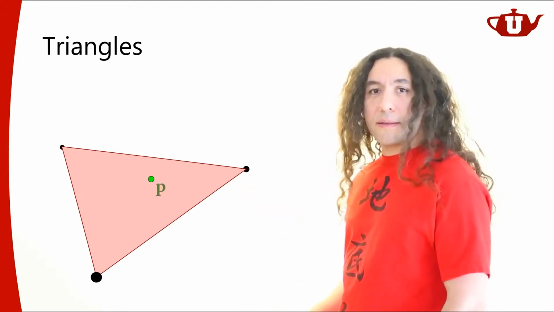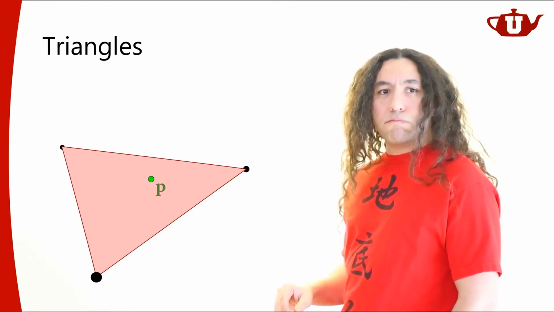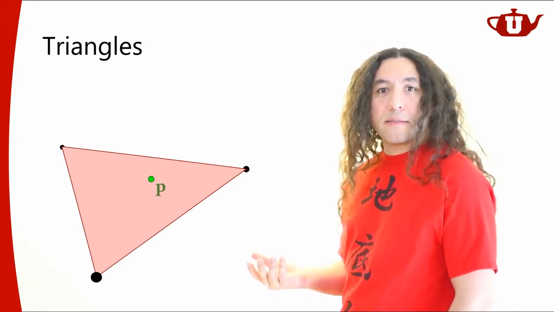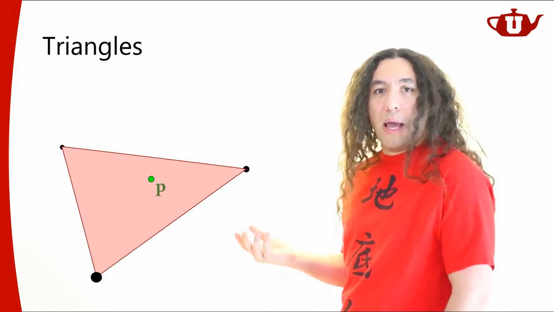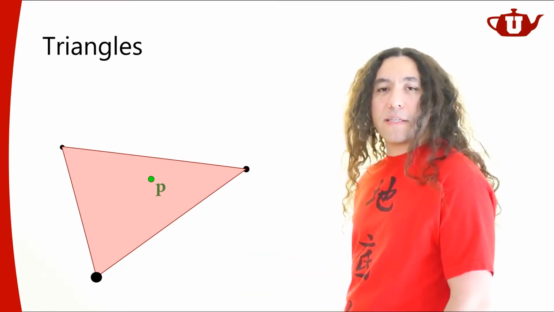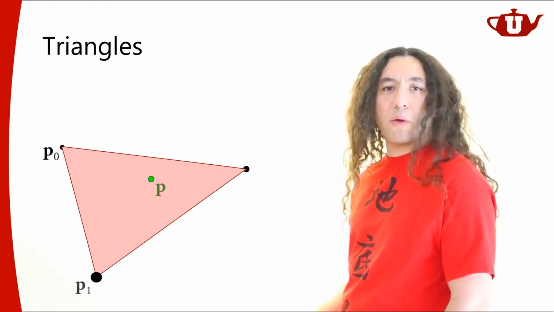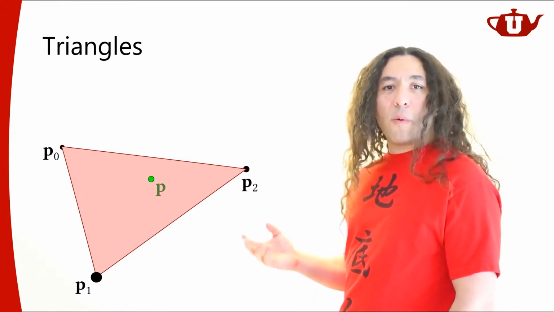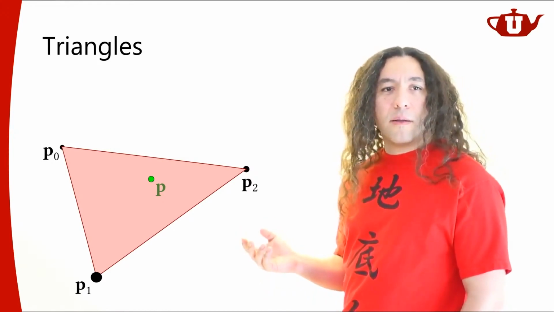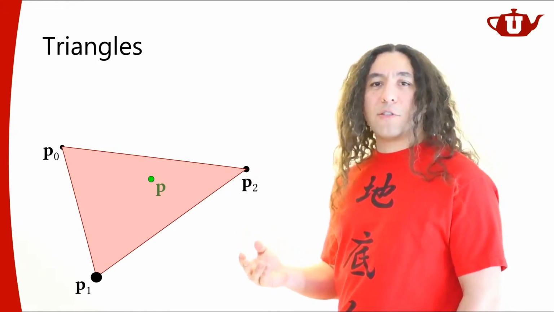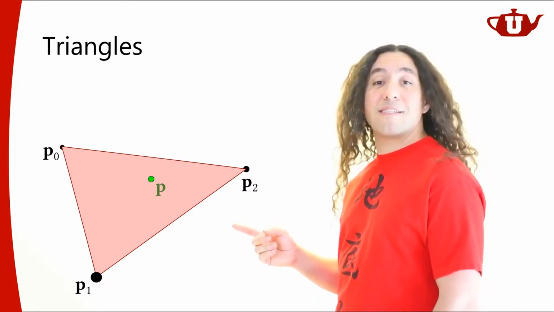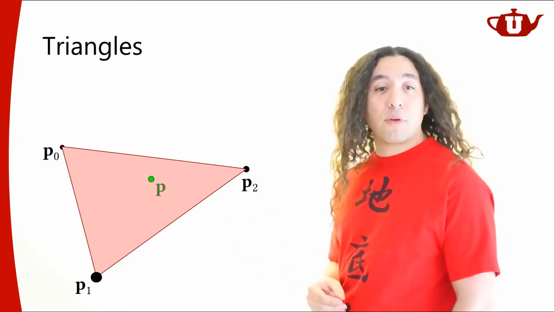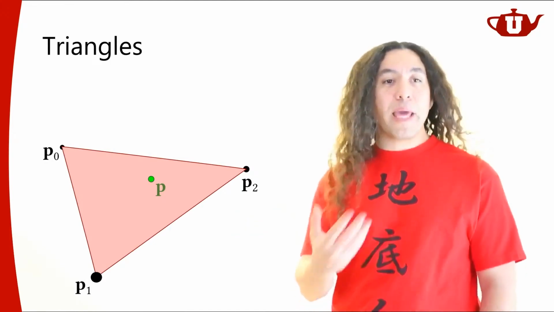Let's call it P. Where is that P in space? I know where these 3 vertices are. Let's call them P0, P1, P2. But I need to figure out a way to compute the position in space for any point on this triangle, right? That's what I need to be able to do.